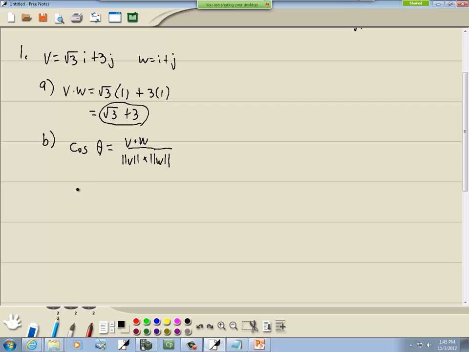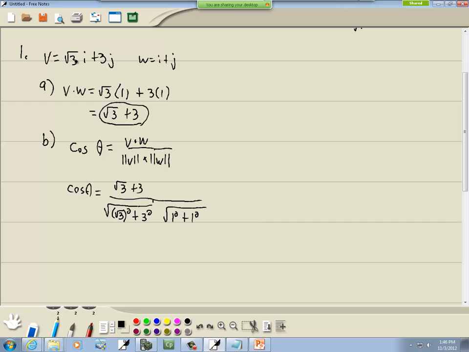The dot product of v and w is the square root of 3 plus 3. The magnitude of v, well, v is this, so I'm going to take the square root of 3 and square it, and then I'll add 3 squared. Now the magnitude of w, we're going to take 1 squared plus 1 squared.